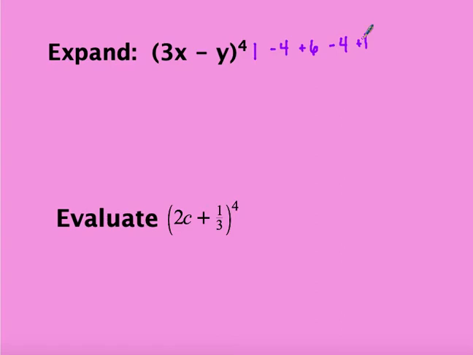All right, now we need to be careful with that 3x because when we raise that to a power, we have to raise the 3 with it, not just the x. So this becomes 1 times, so I'll use parentheses here, (3x) to the 4th power, minus 4 times, lower the 3x by 1, raise the y to the 1st, plus 6.